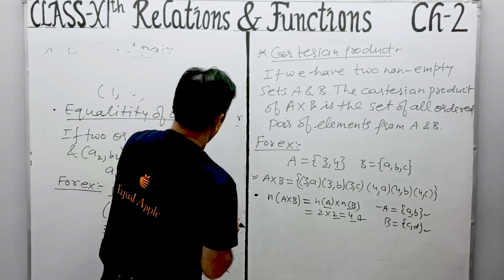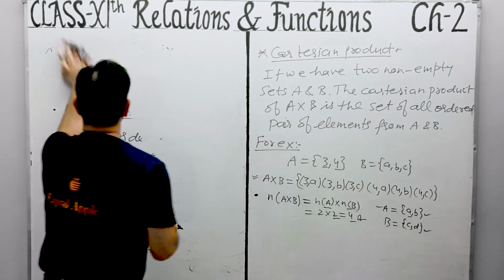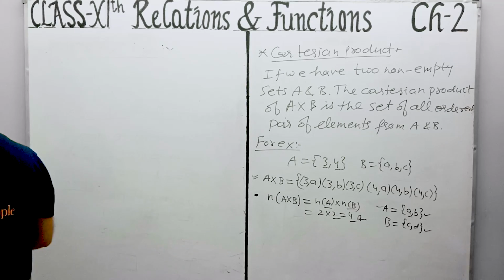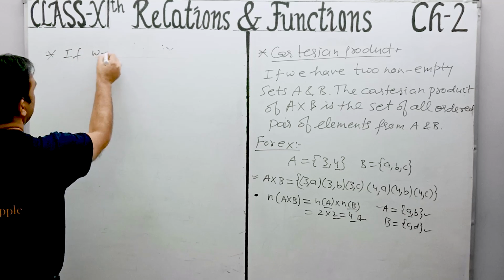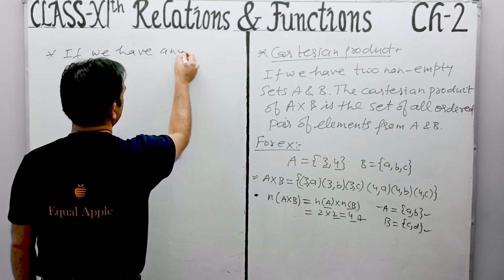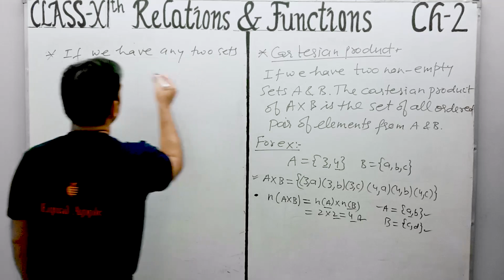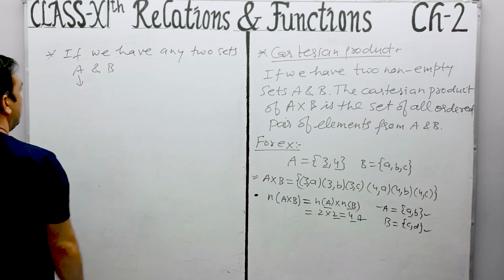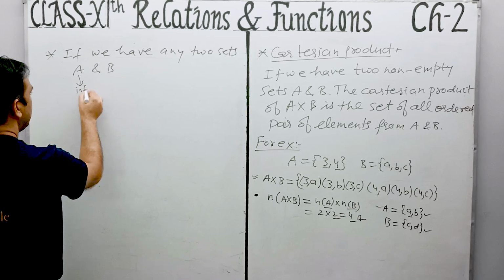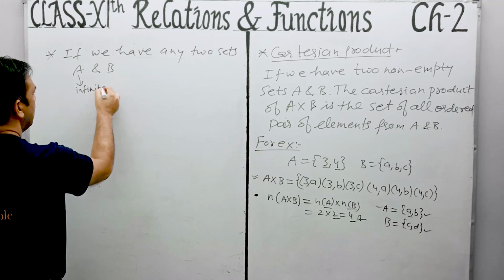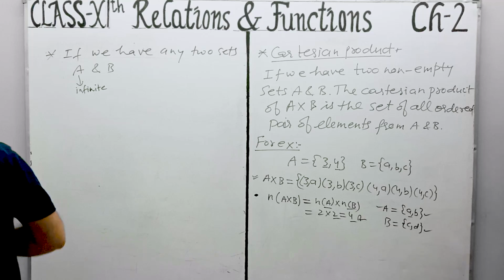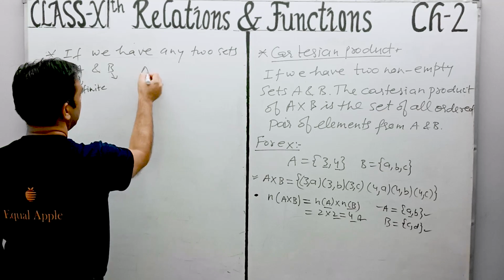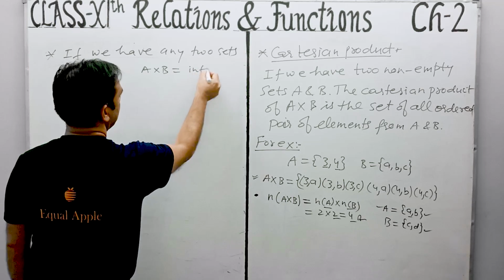In this topic, we can see that if we have any two sets A and B, and one set A has an infinite number of elements, and we have any elements like 1, 2, 3, then in the Cartesian product they will have infinite relations, right?